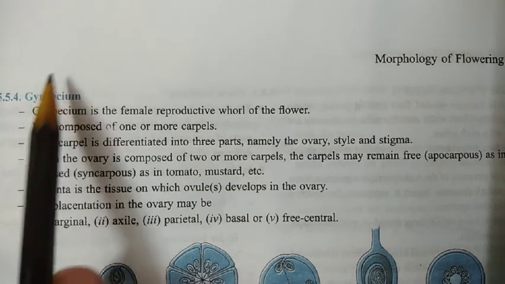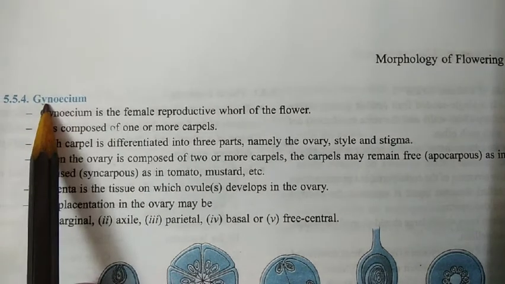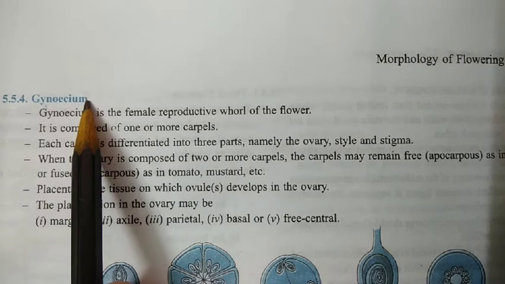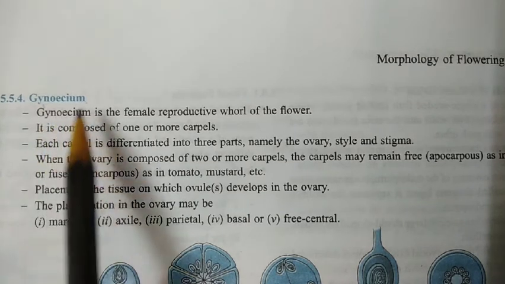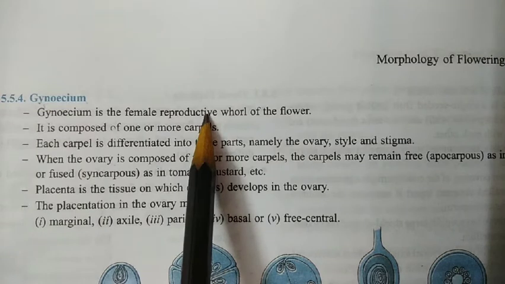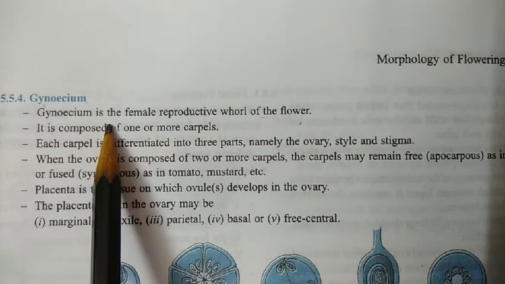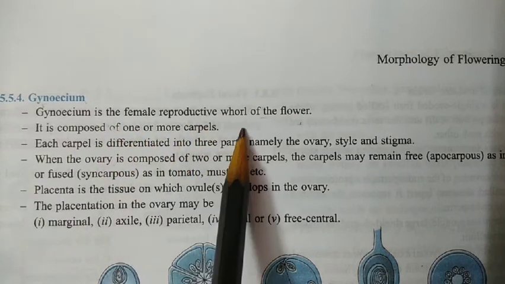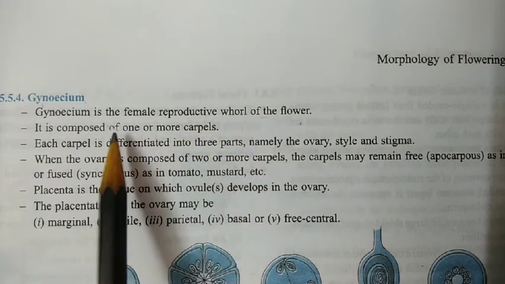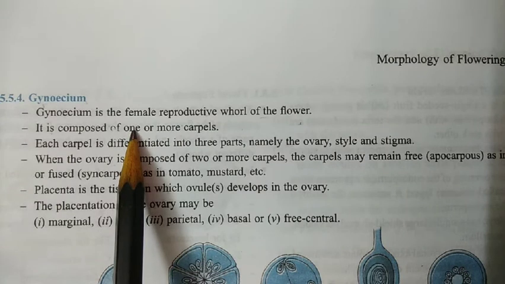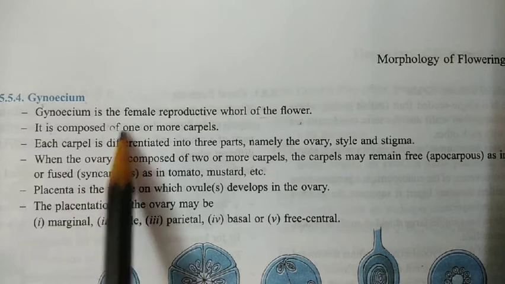Now we study the female reproductive part, gynoecium. Gynoecium is the female reproductive whorl of the flower. It is composed of one or more carpels. If it contains only one carpel, then it is called monocarpellary.